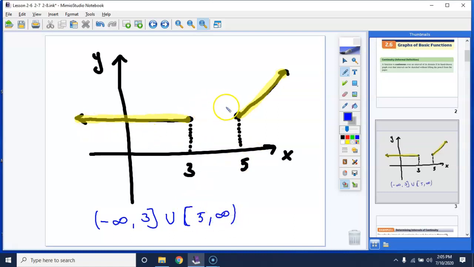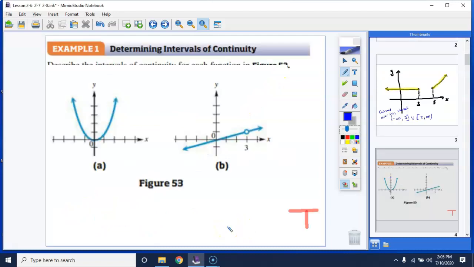So this function is continuous over this interval. Okay, it's not continuous all over the place. There is some restriction. Excluding here, it is continuous over this interval, right?